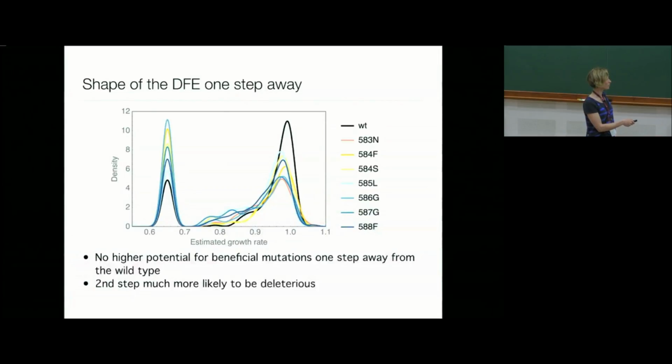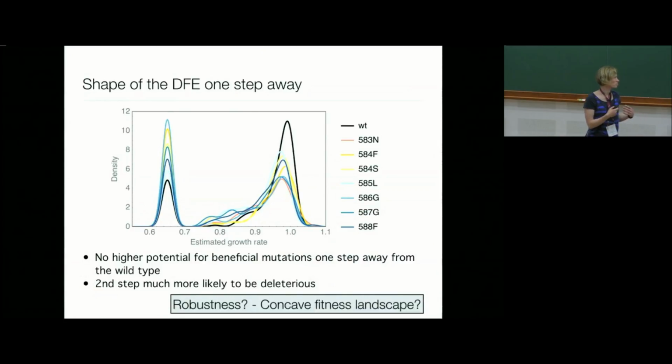In fact, what's happening is that we get a lot more deleterious mutations, especially a lot of very deleterious, almost lethal-like mutations, or stop codon-like ones. This suggests that, and I don't want to go into this discussion so much, evolution may have taken our reference strain to some kind of robust spot where single mutations might not matter so much, but if you go two steps away, you might fall off some kind of cliff in the fitness landscape.